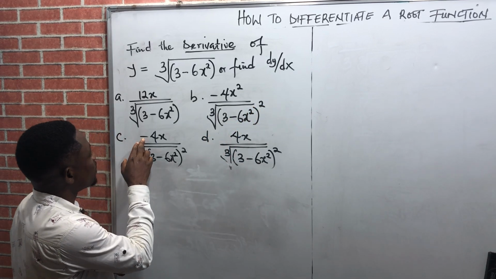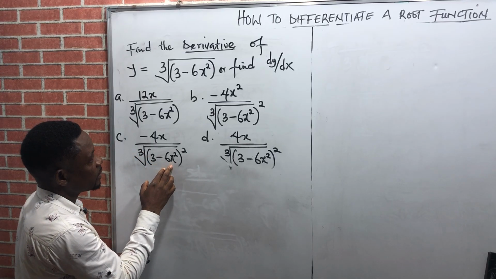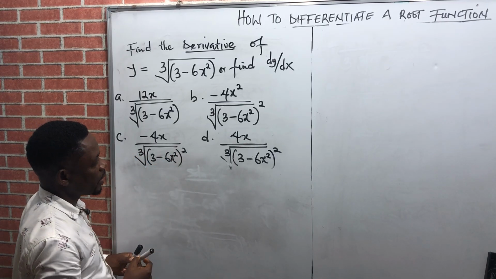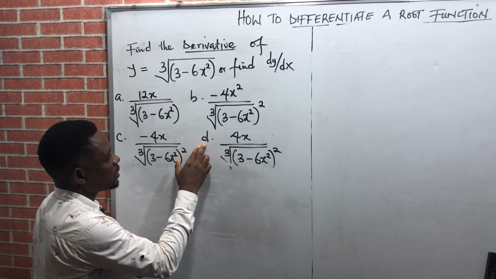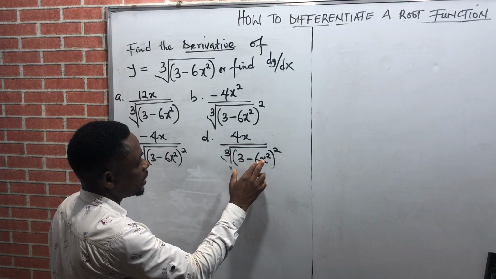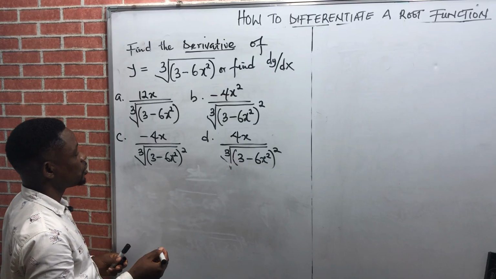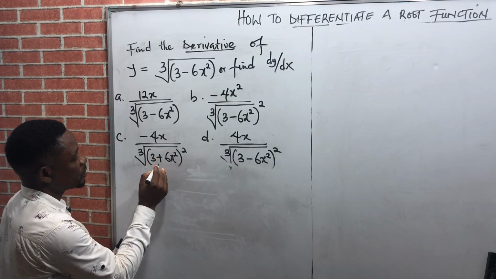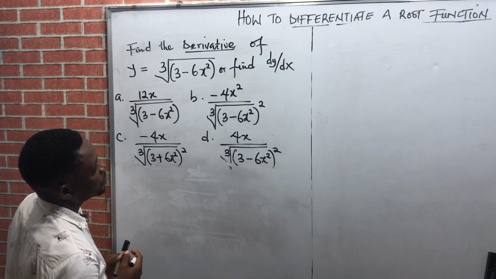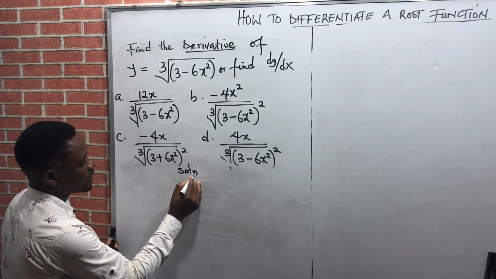Option C is minus 4x squared over cube root of 3 minus 6, all squared. Then option D is 4x over cube root of 3 minus 6x, all squared. Now this particular option, option C, is plus. So now let us look at the best way of solving it.